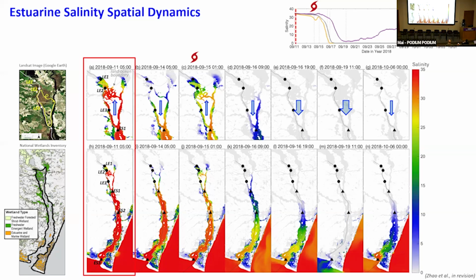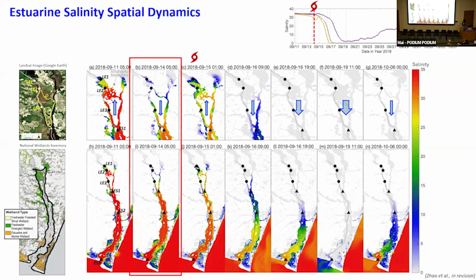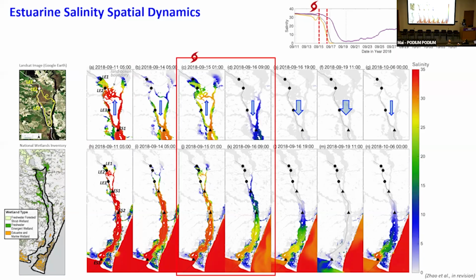Before the hurricane made landfall, we see the flood tide push the salt water landward, and we see the salt water submerge all these freshwater-dominant systems. Then during the ebb tide, we see the water flowing out of the estuary head, and salinity decreases. After the hurricane made landfall, we can still observe the tidal signal push the salt water in and out.